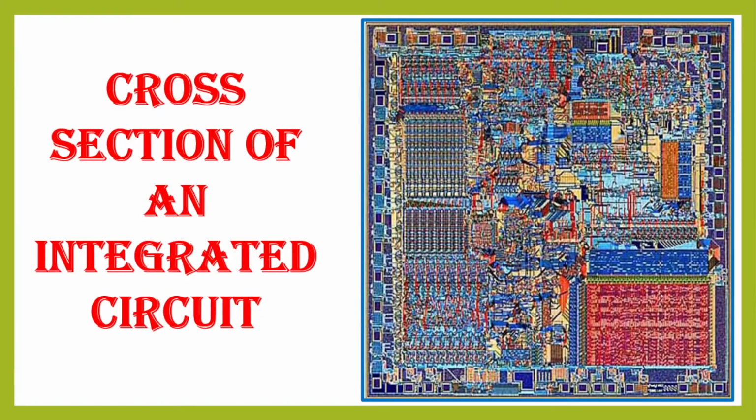In any microprocessor or any IC, if you look at the cross section, if you cut the surface of that IC and look inside, you see something like this. We may not get any useful information from this, because a lot of transistors are connected together and fabricated in a single IC. Nowadays, millions of transistors are connected in a single IC.